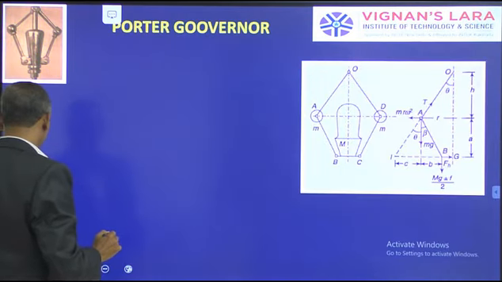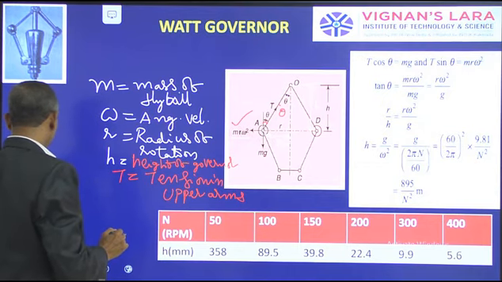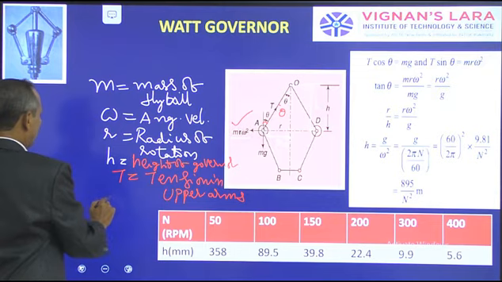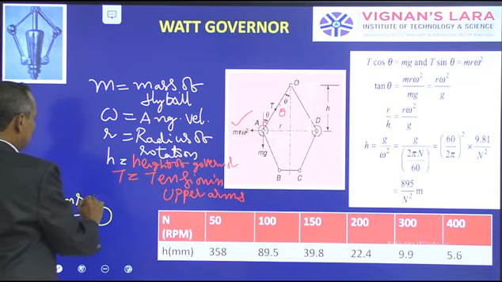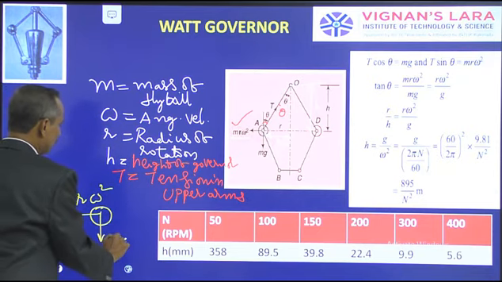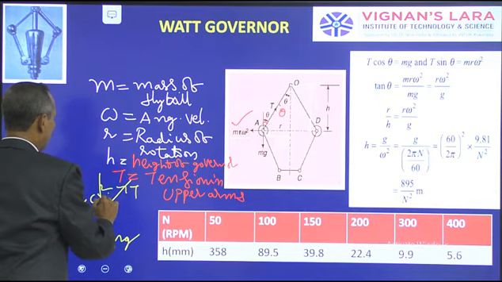That is the free body diagram of the fly ball, with m r omega square, mg, and this is T, this is theta, and of course this is also theta.